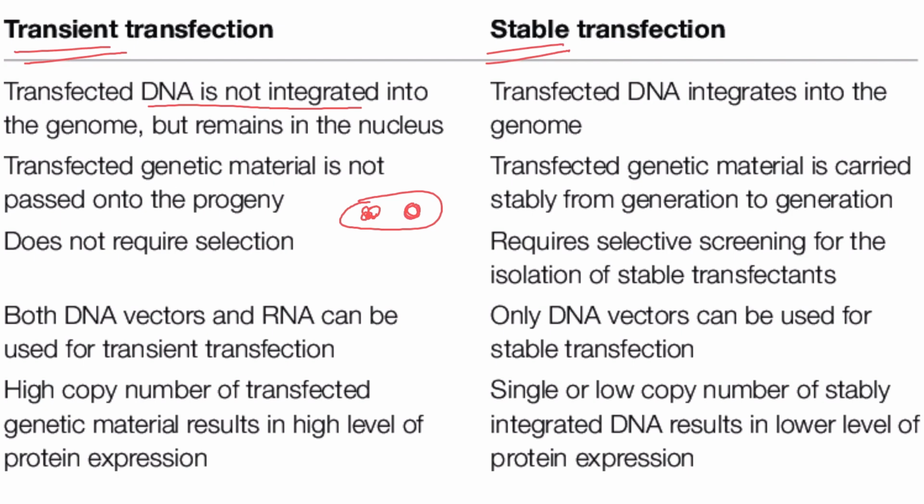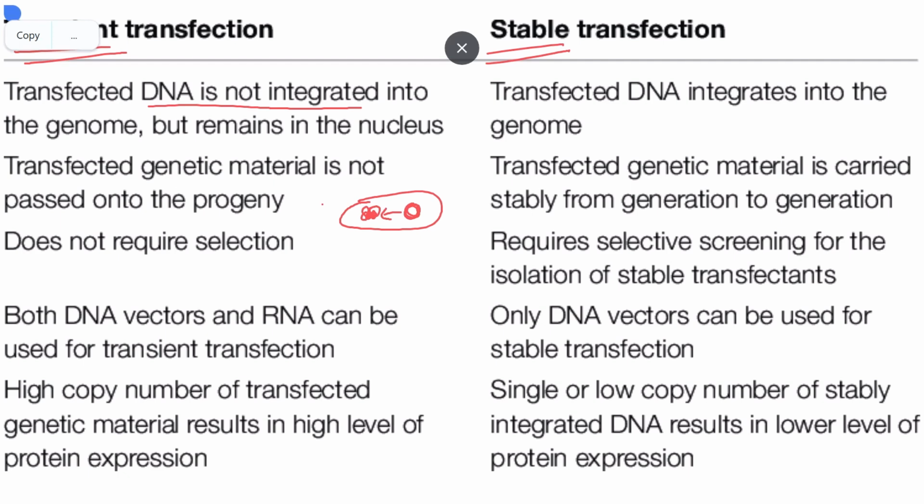This plasmid need not get integrated into the genome, right? This kind of introduction is called transient. That is, the genetic material we are introducing is not getting incorporated into the genome of our target organism.